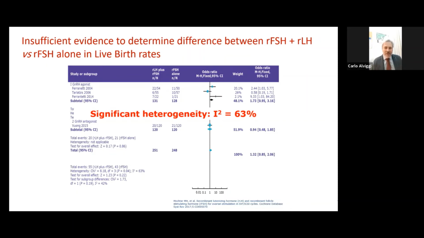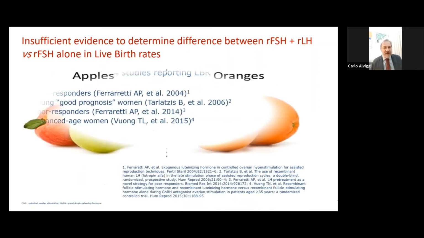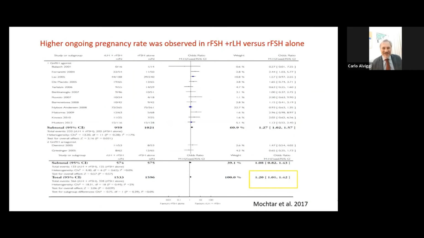But if you go to the next slide, I will show you, skip the next 2 slides and go directly to this. Thank you. Skip the oranges and the apples. I don't need it at the moment. The next one, sorry. Have a look at the ongoing pregnancy rate. Ongoing pregnancy rate means that you have seen the heartbeat, over 10, 12 weeks.